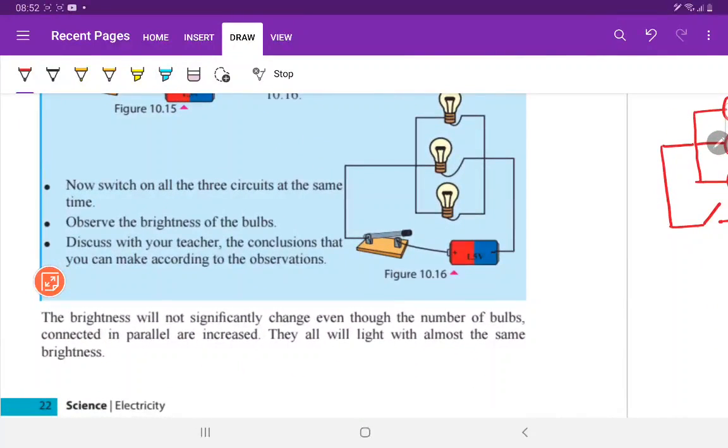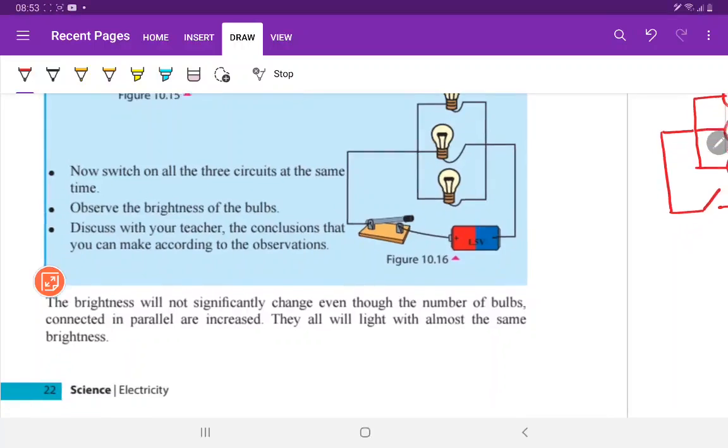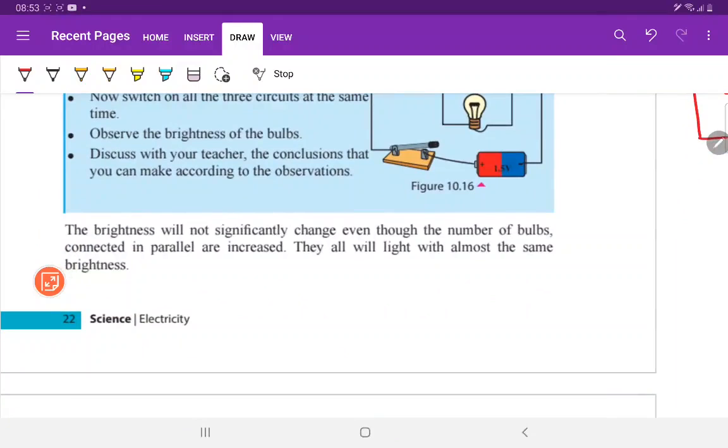Now switch on all three circuits at the same time. Observe the brightness of the bulbs. Discuss with your teacher the conclusions that you can make according to the observations.